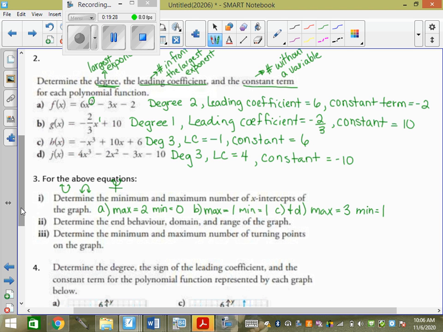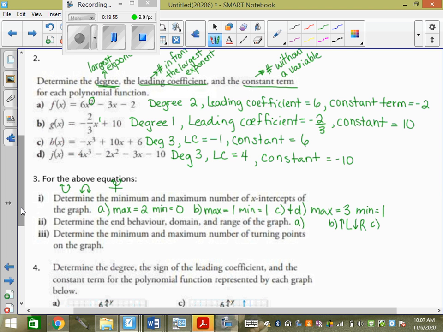Okay. We're going to do the end behavior just for B, C, and D for now. We'll leave A for now. We're going to do B. B, what's my end behavior? Up on left, down on right. Because it's a negative leading coefficient, right? What about C?